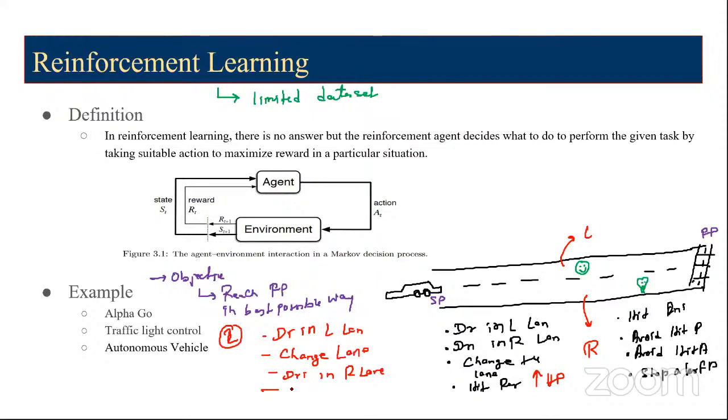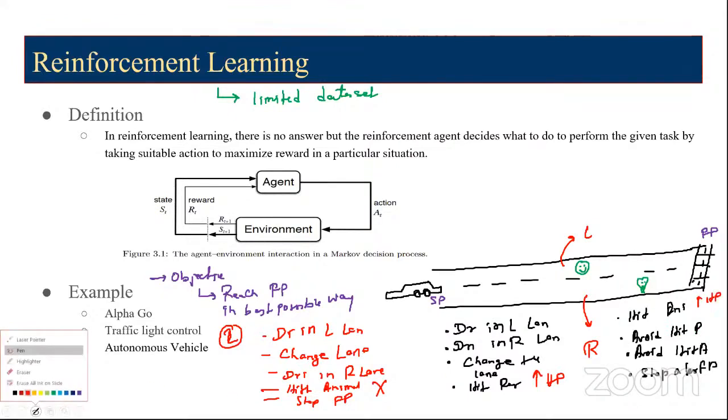So it will end up hitting the animal, because the objective is to reach the finishing point and stop after reaching it. After the end of the second iteration, we can inform the machine that hitting an animal is also not allowed. This is also highly penalized.